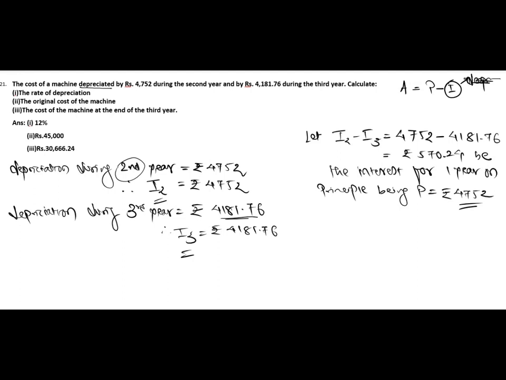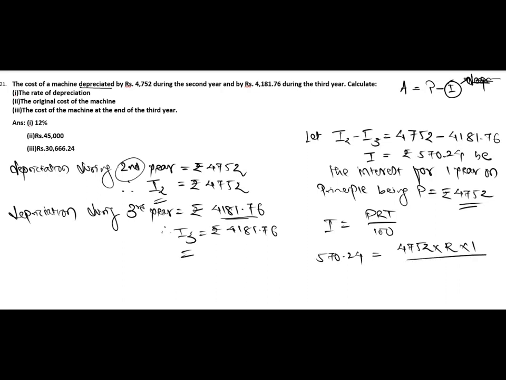So now we've got principal, we've got interest. So I is equal to PRT upon 100, 570.24 is equal to 4752 into rate into time 1 upon 100. Okay, now the rate has to be found out.